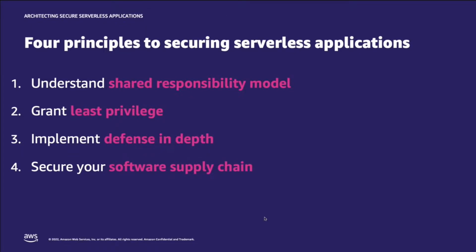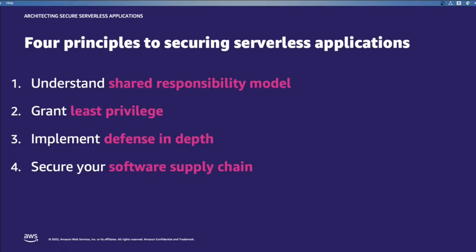First one is identity and access management. Second is detective controls. We also have infrastructure protection, and we also have data protection and incident response. So these are the key things we need to have in mind when we are designing our applications, right?